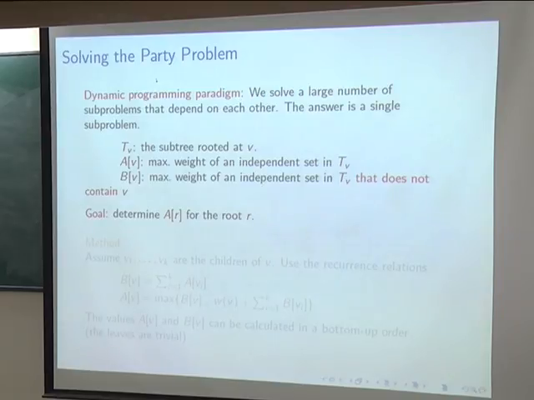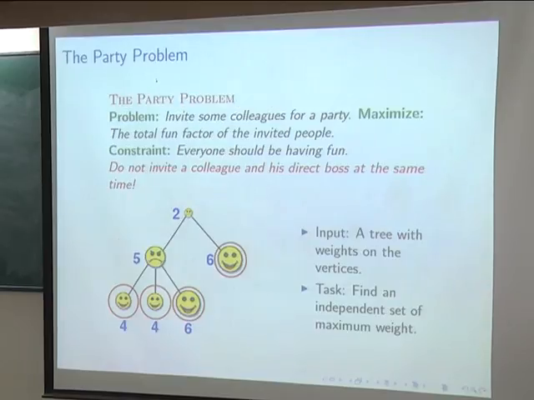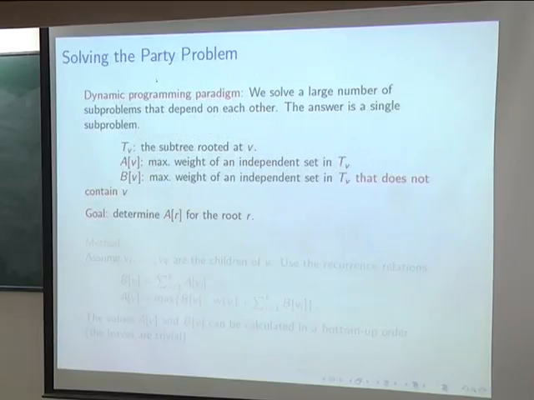Okay, so what is the dynamic programming paradigm? We want to solve lots of subproblems, and we want to get a solution using these small subproblems or subroutines which we solve. So to solve our problem, let T_V denote the subtree rooted at V. For example, this is a subtree rooted at this 5 guy, and this 2, everything below.